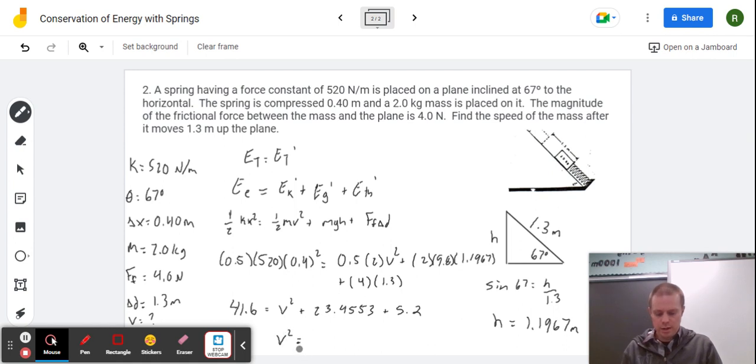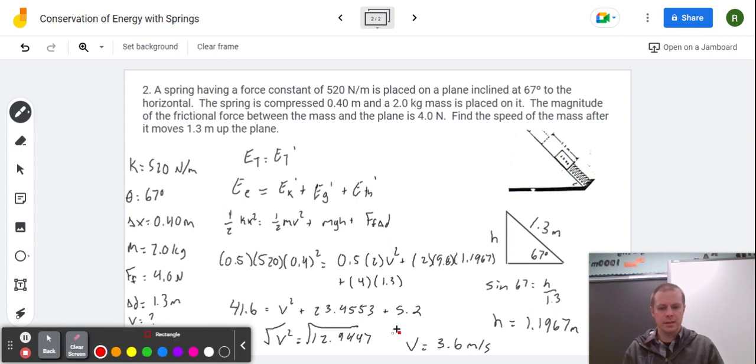So v squared is going to be 41.6 minus 23.4553 minus 5.2. So I get 12.9447. I take the square root, and I find that the final speed is approximately 3.6 meters per second.